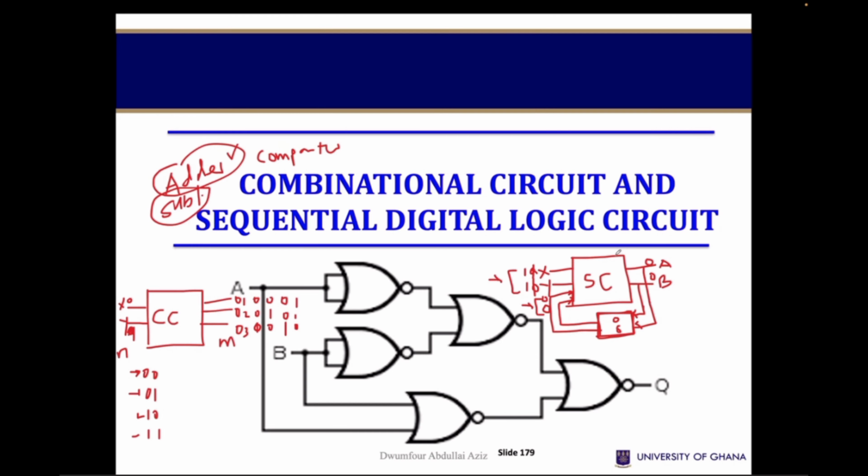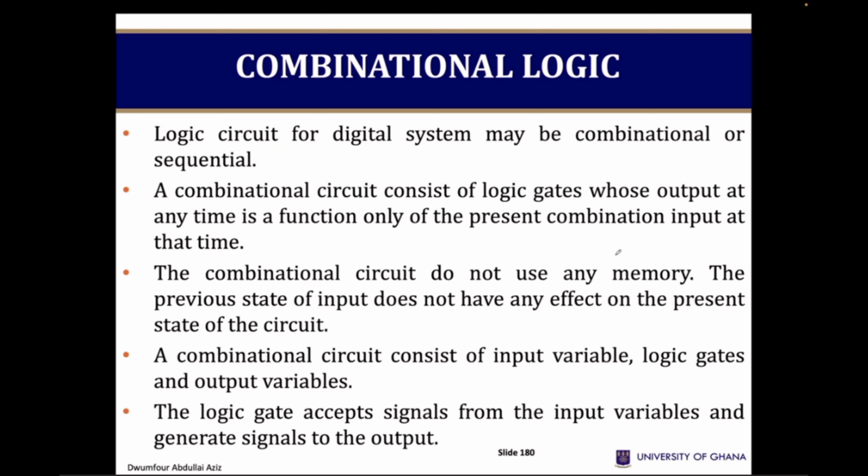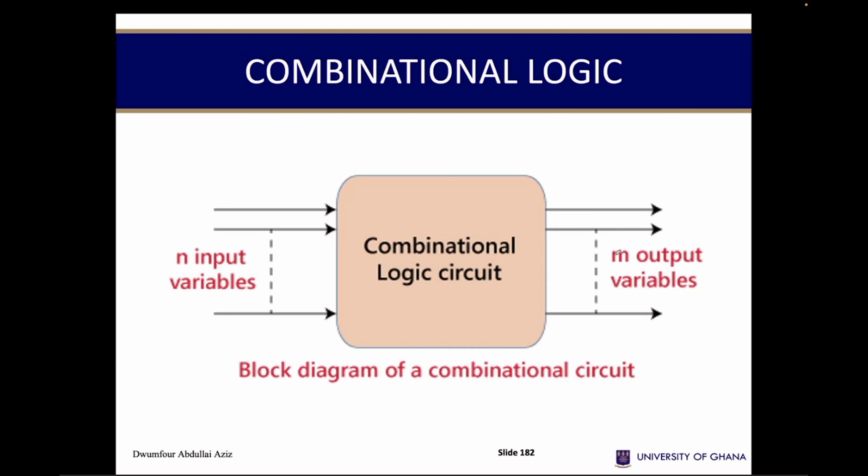Okay. Now, so as I said, combinational logic, this is a block diagram. So every combinational circuit takes in some input variables and it produces some outputs, right? But the number of input and the number of output depends on the problem that you are trying to solve, because different combinational logic would come with different inputs and different output.